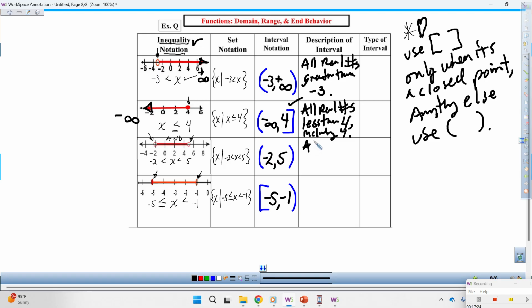Go to the next one. All real numbers between what? Negative 2 and 5. Write the last one by yourself. See if you get that by yourself. What would you write for the last one? All right. Check with the neighbor. What did they write?